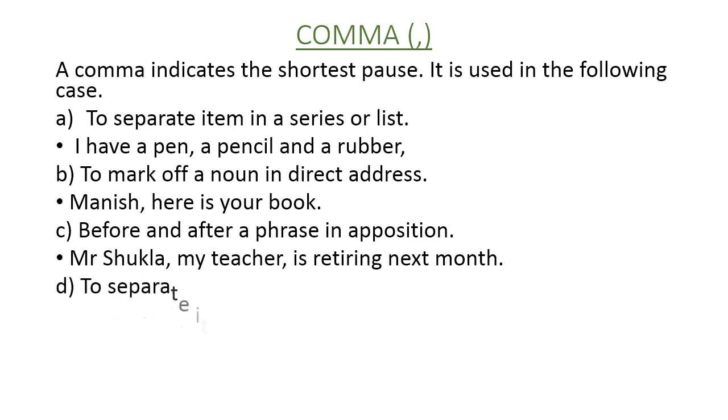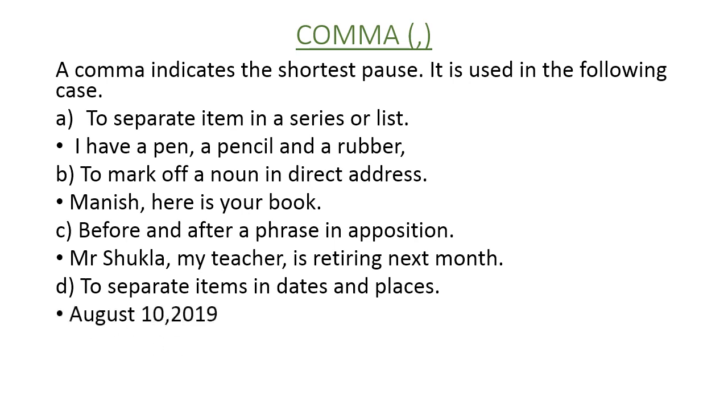Next, to separate items in dates and places. Whenever we write the dates or places, we put a comma after that. For example, August 10, 2019. We have been writing this way in our letters and everything. So when we write the date, to change the name of the place or something like this way to show something else, we put a comma.